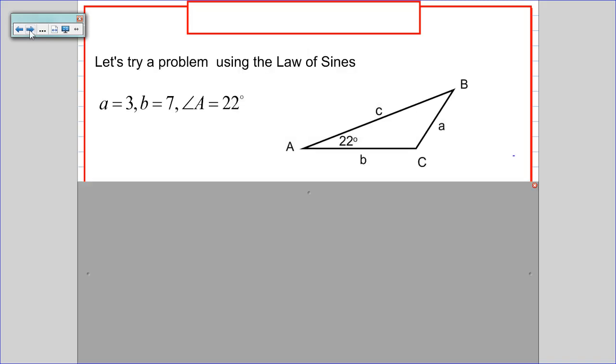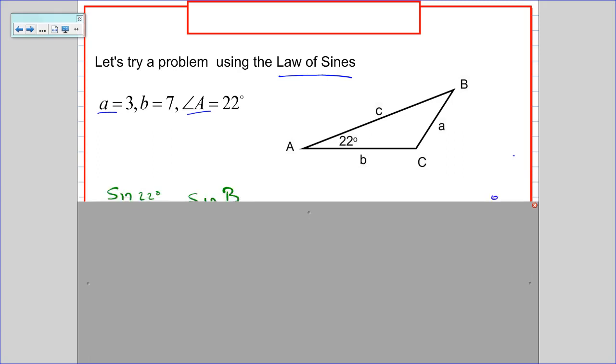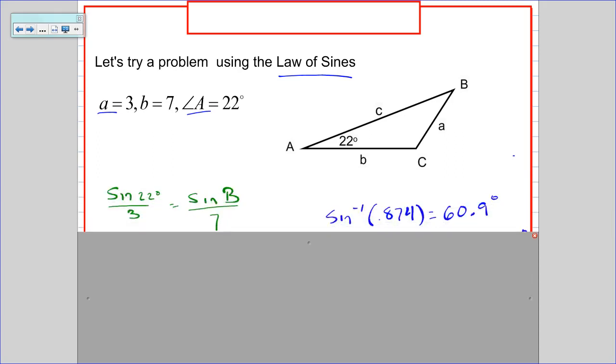All right, we're going to try a problem just using the law of sines. We're not even going to think for a while if this has anything special about it. The reason we know we're using the law of sines is because, well, it's right there in the directions, but also because we've been given A, and that usually tips us off that we're using the law of sines. Okay, so I've got a triangle drawn here, and I just start working it out.